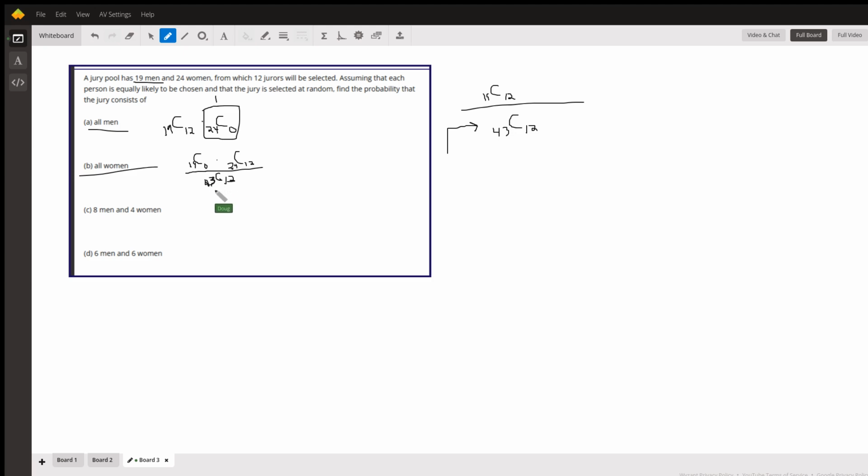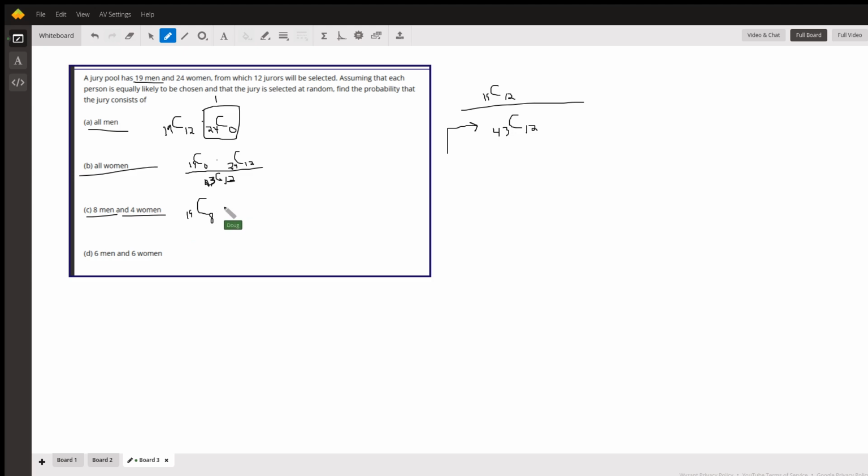Of course, you can use a calculator to do this. For 8 men, 4 women, well, for the possible combinations of men, you've got 19 to pick from. You're going to take 8 of them.